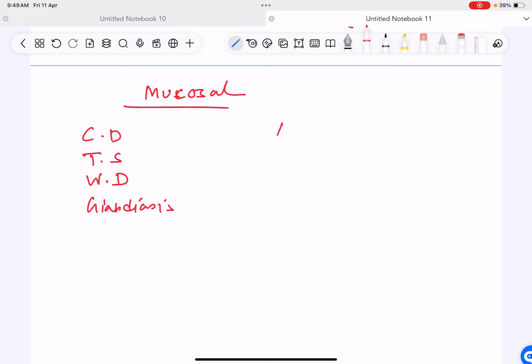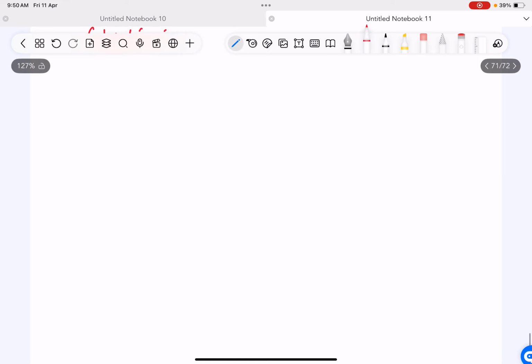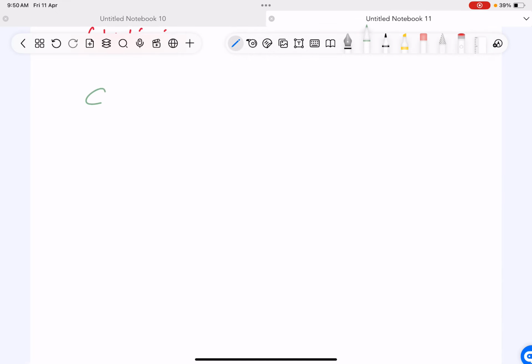Then other causes like autoimmune enteropathy, radiation enteritis, eosinophilic gastroenteritis. Now we will discuss celiac disease.